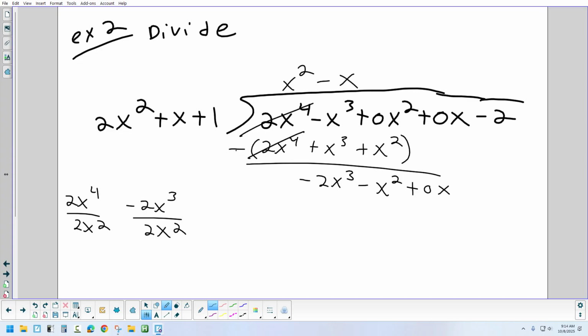Distribute it back out. Kim, what's negative x times 2x squared? Negative 2x cubed. Yep. And Serenity, what about negative x times positive x?